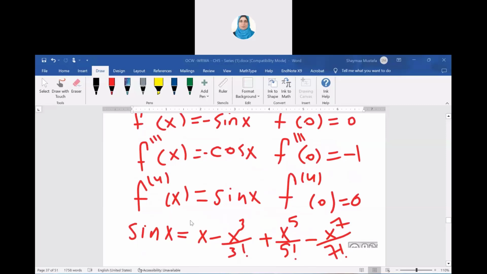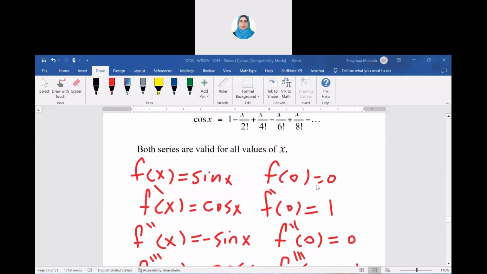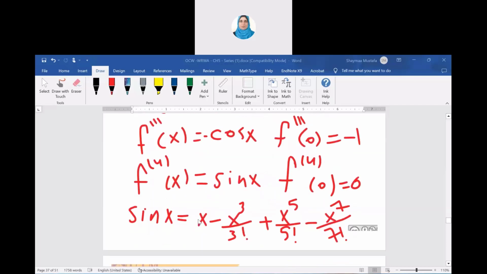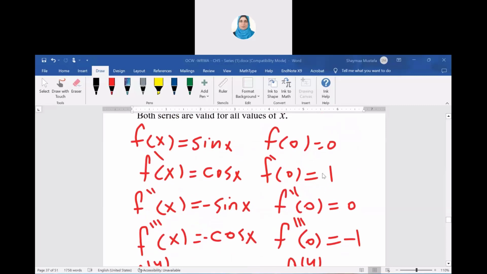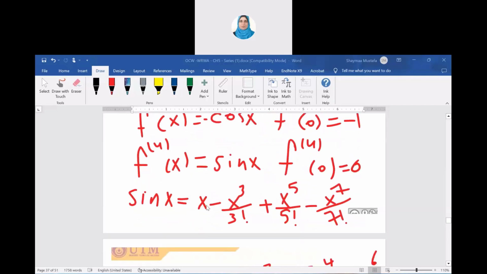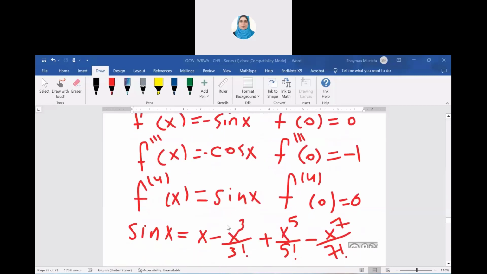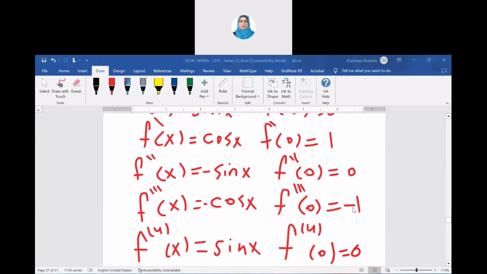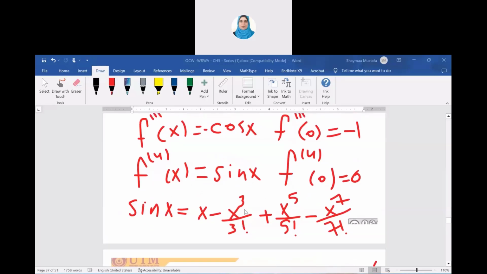Then we apply the Maclaurin series. F of 0 is 0, so the first term is 0. Then the first derivative at 0, which is 1, multiplied by x. Then the second derivative, which is 0, so no x squared. Third derivative is minus 1, so you have minus 1 multiplied by x cubed over 3 factorial.